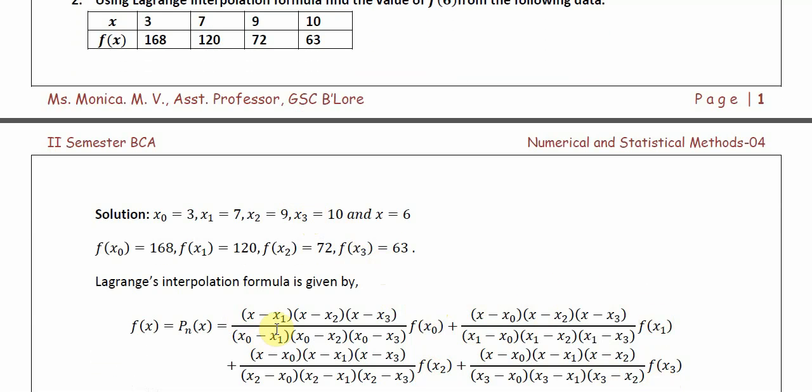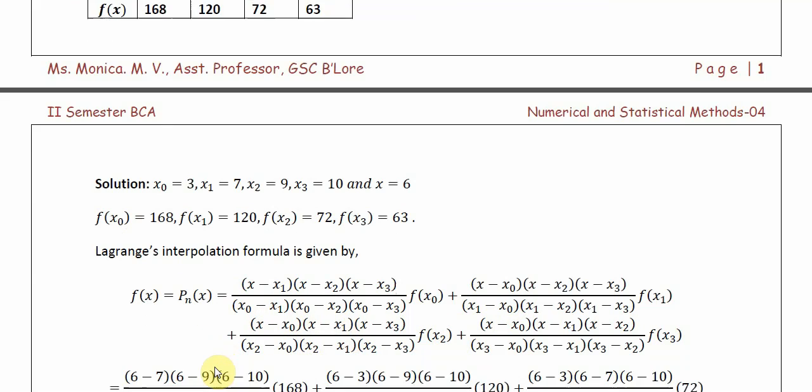Then in the coefficient, how are the terms written? Till what can I make the products? I can make the product up to x minus x0, x minus x1, x minus x2 and x minus x3. In each term, one of the products is left out. Now in this problem, we'll have to substitute for everything over here, including the value of x.